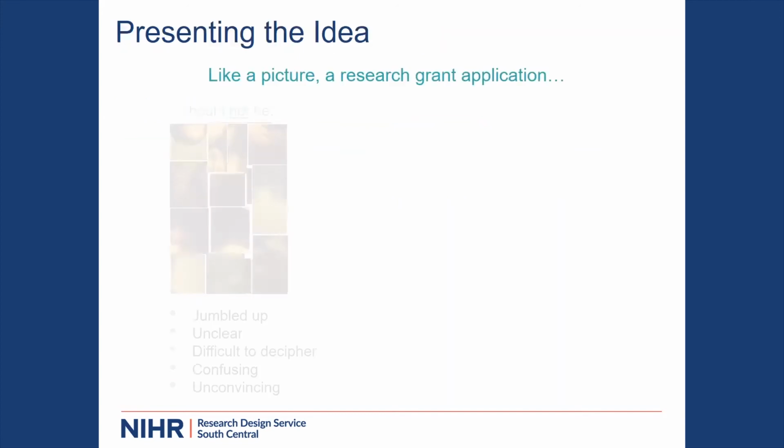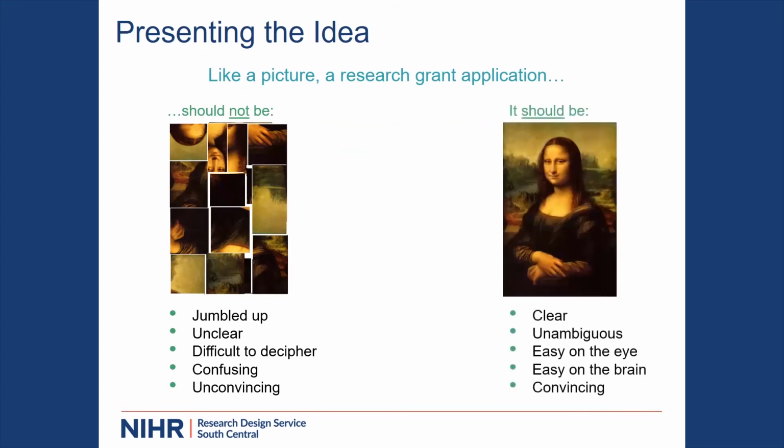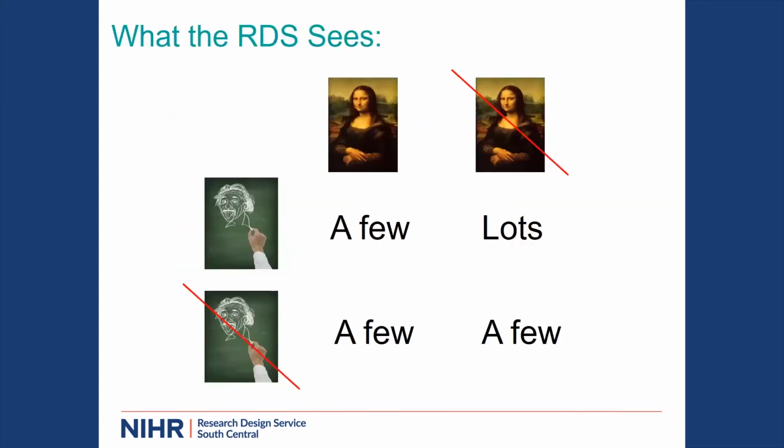Like a picture, a research grant application should not be jumbled up, unclear, difficult to decipher, confusing, or unconvincing. It should be clear, unambiguous, easy on the eye, easy on the brain, and convincing. As an RDS, I think it's fair to say we see a few very poor ideas brilliantly crafted, and you'd be surprised at how far they can get.